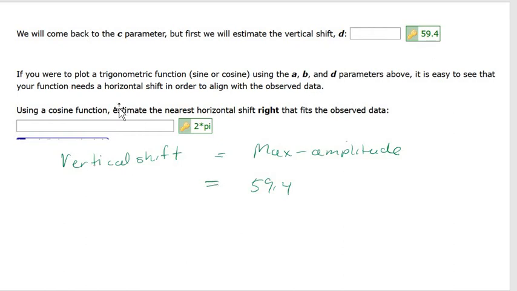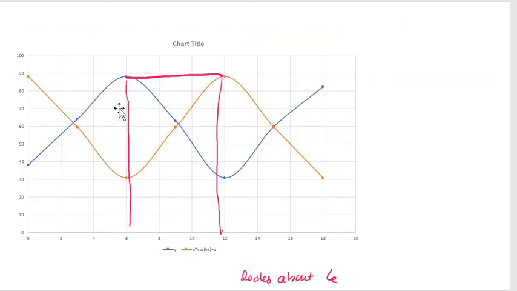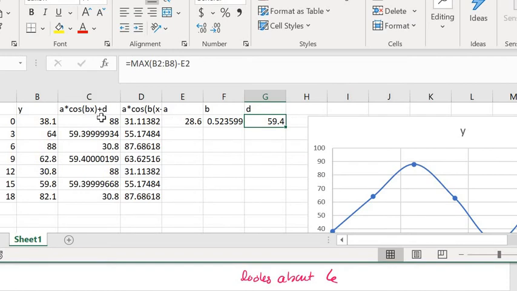Then last thing is the horizontal shift. That's a bit tricky because what I did is I plotted the actual cosine without a horizontal shift and my data. So I want to show you what that looks like in Excel. This is what it looks like without a horizontal shift, so I don't have any C's in here.